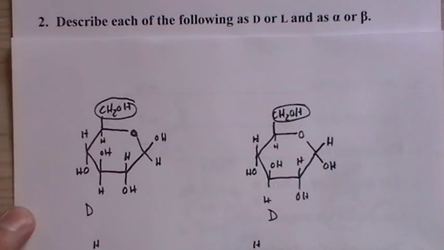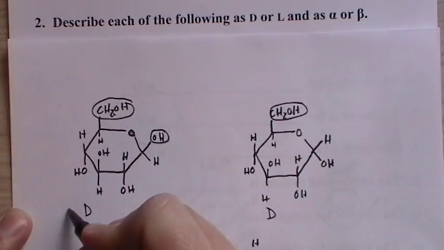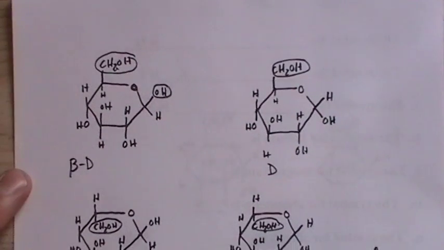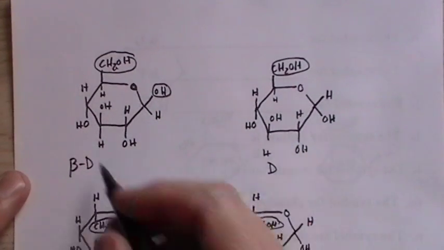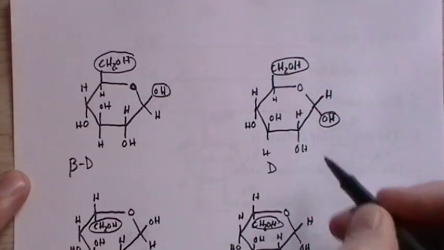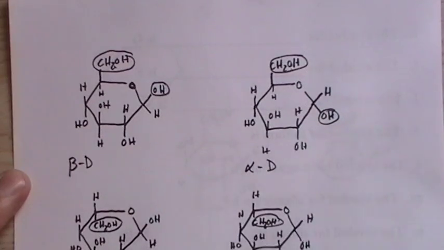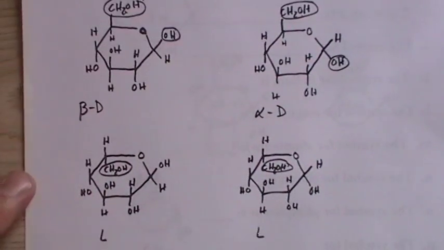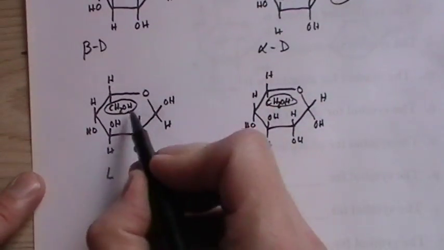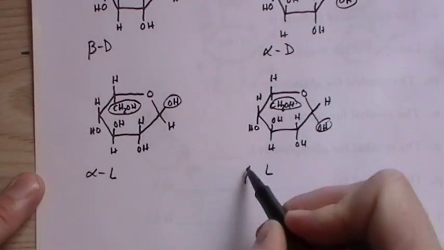Now we have to look in comparison to them. This OH group is on the same side, so this is a beta-D, and I just drew them, so I'm not exactly sure which one I've drawn here. I'm not going to worry about it. It'd just be a monosaccharide, and this would be across from it, alpha-D monosaccharide. And then from here, these guys are across from each other, so this is alpha, and these are next to each other, beta.